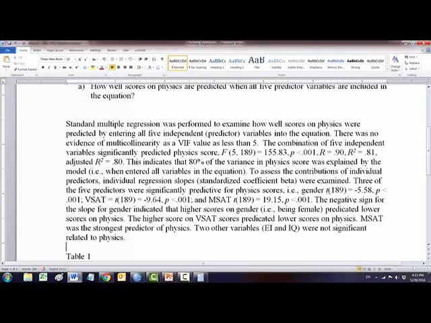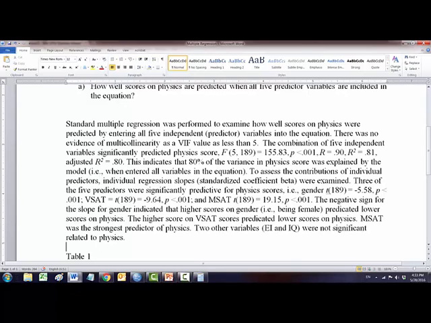The combination of 5 independent variables significantly predicted physics score. This indicates that 80% of the variance in the physics score was explained by the model when all variables were used. To assess the contribution of individual variables, individual regression slopes, that is standardized coefficient beta, were examined.